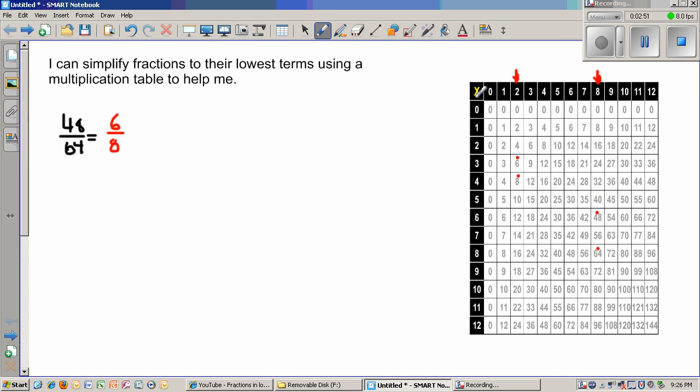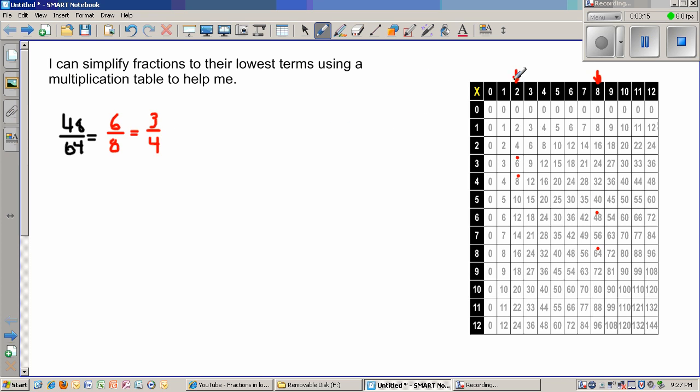Well, we know that 3 times 2 equals 6. So 6/8 is going to equal 3 over, and we can say that 4 times 2 equals 8, 3/4. And 3/4 is the lowest form of the fraction that we can simplify it to.